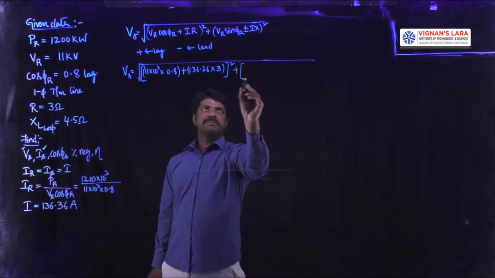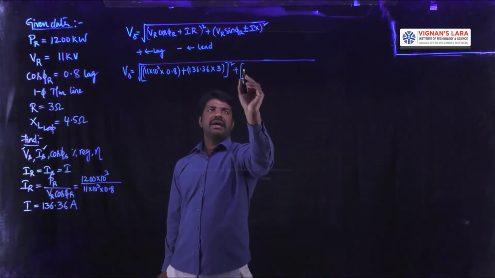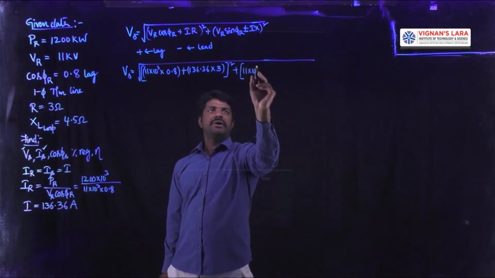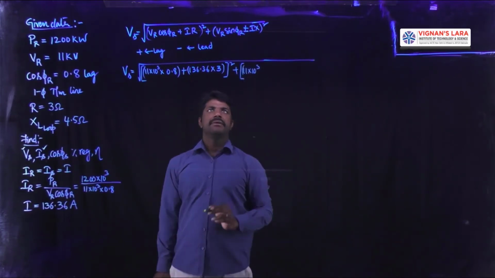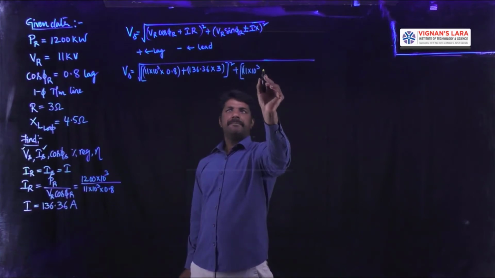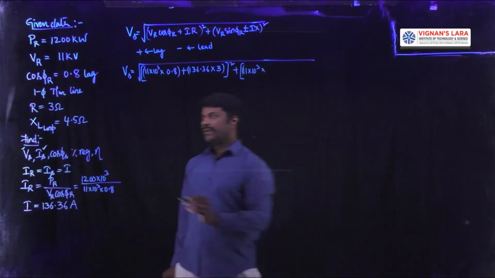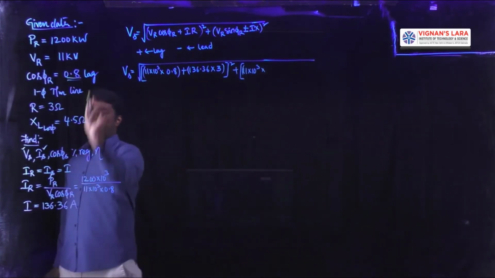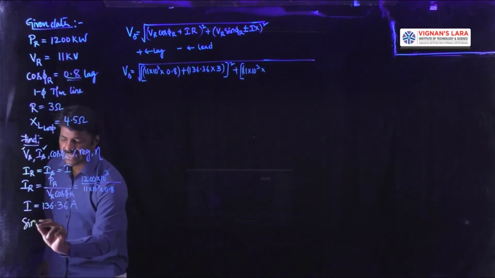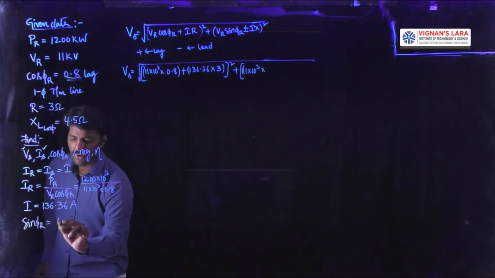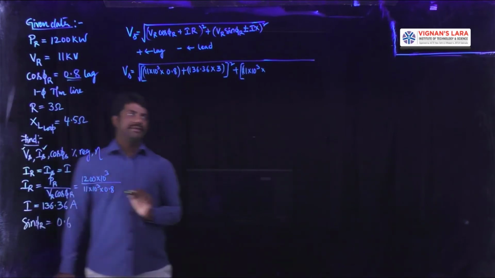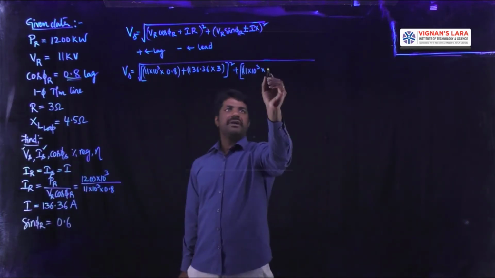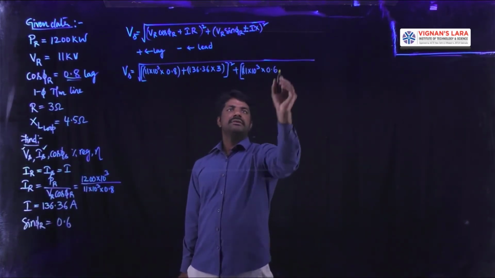So the next part: VR is 11 kV, 11 into 10 power 3, multiplied by sin phi r. If cos phi r is 0.8, then sin phi r is 0.6.